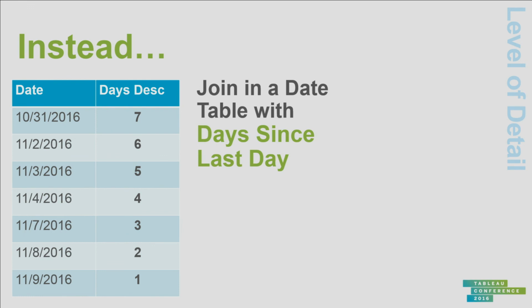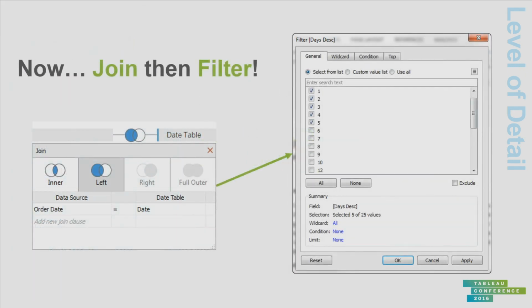So again, that doesn't necessarily mean there's 7 days in between Halloween and November 9th. That just means it's counting the number of days that have happened. So now I can simply join on this new table, matching my order dates together, and then add a filter for if the days descending is in the top 5.